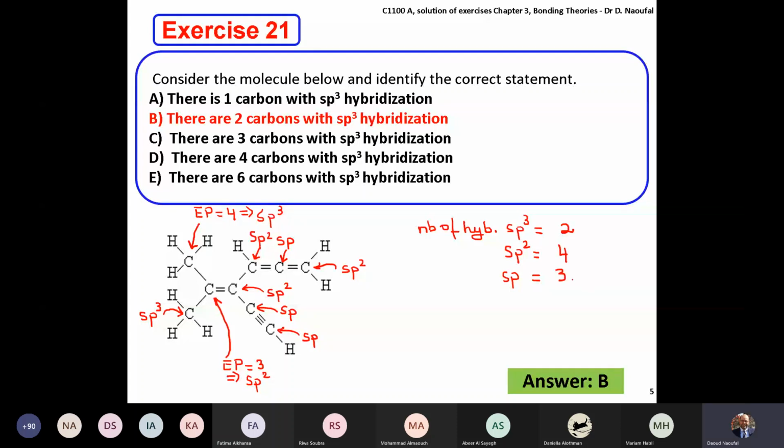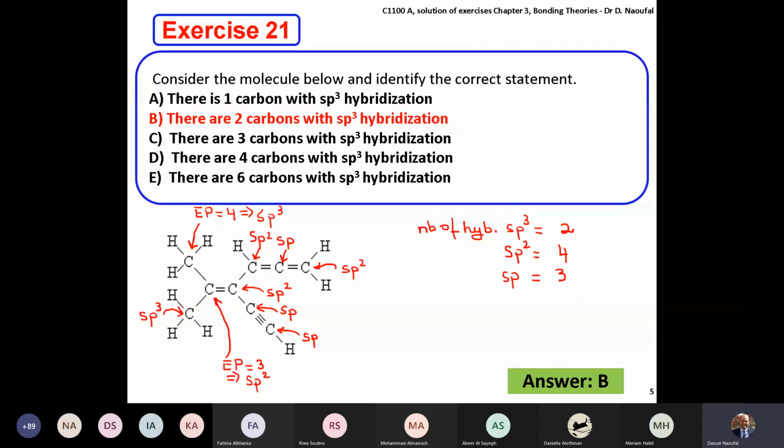So in total, we have 4 and 3, 7, 8, 9. We have 9 carbons. Yes, we have 9 carbons in this structure. 2 carbons make the hybridization sp3, 4 carbons make the hybridization sp2, and 3 carbons make the hybridization sp.